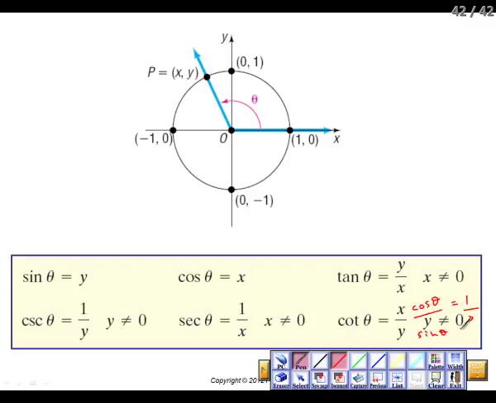So cotangent is undefined at 0 and also at pi, because that's where sine would be 0 there as well.